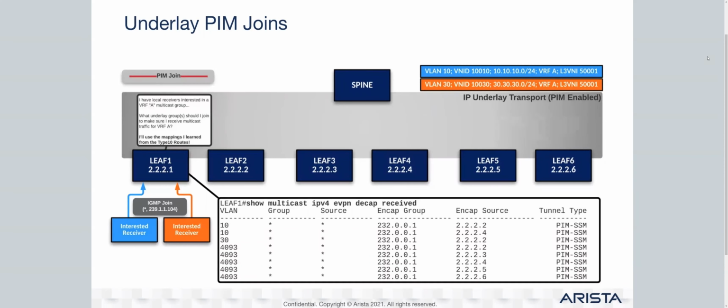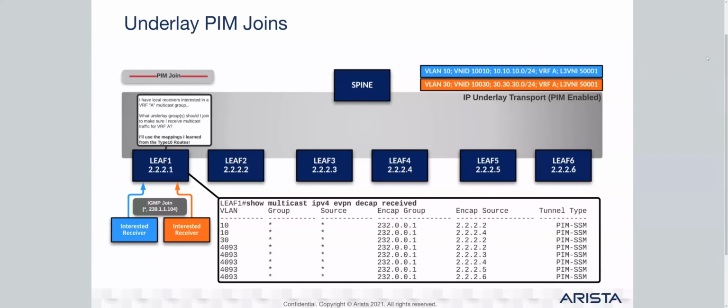It says, I'll use the type 10 routes. This gives me the list of groups, the source and the group, that we should join to get that overlay multicast traffic for VRF-A.